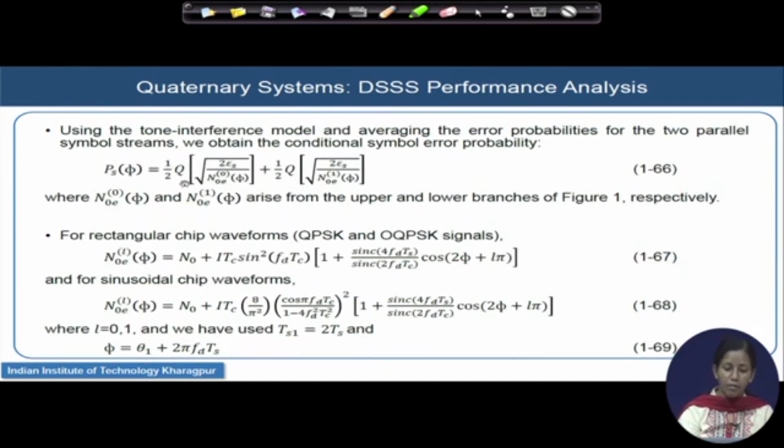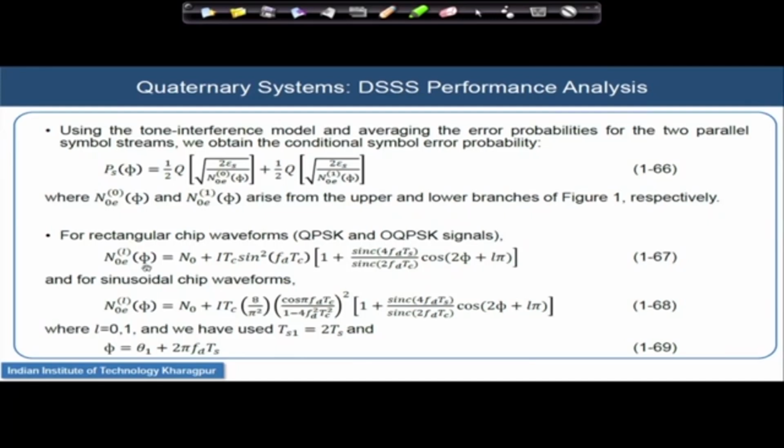So they will be governed by a Q function, where Es is the symbol energy given in the earlier slide, and L will be 0 or 1, defining the path, upper path or lower path, and this is the one-sided power spectral density, the combined power spectral density of the interference plus the noise.